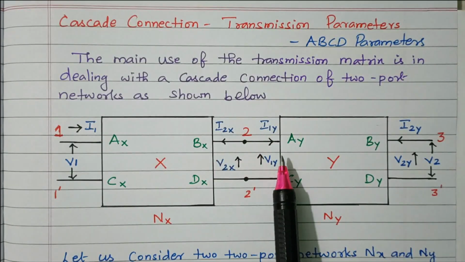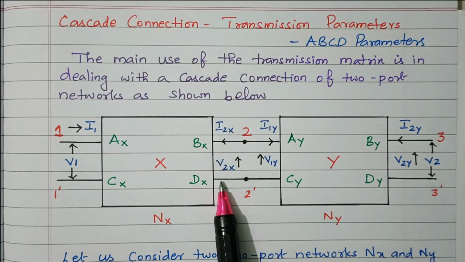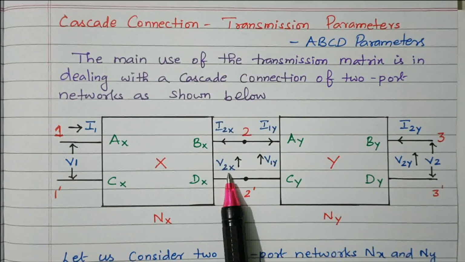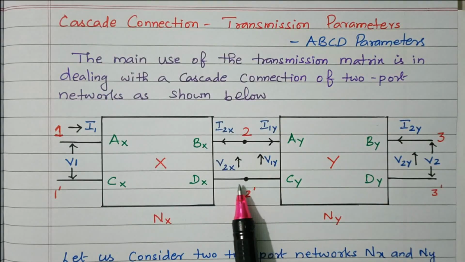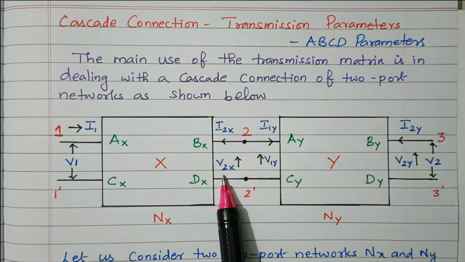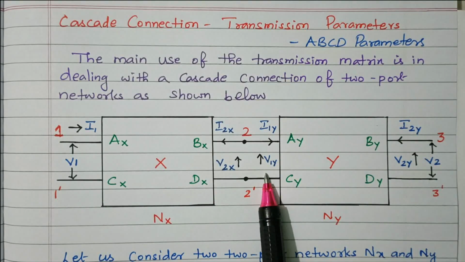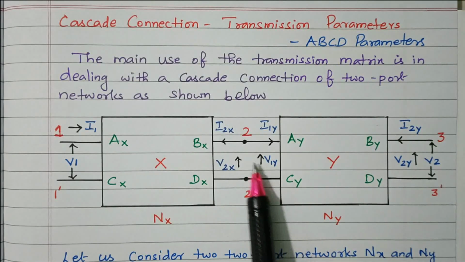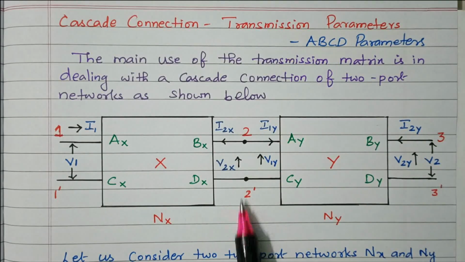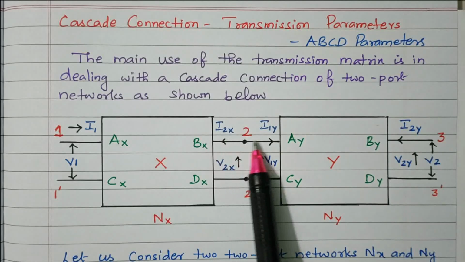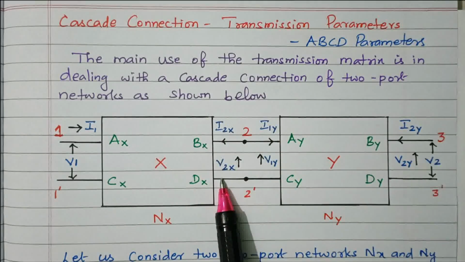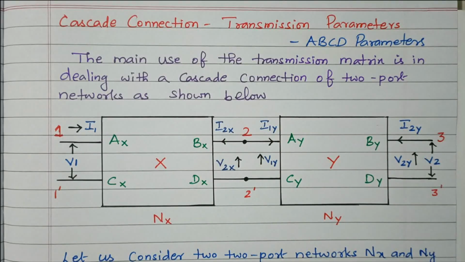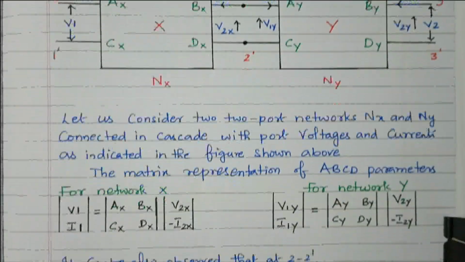See, the directions are both opposite. Similarly V2X equal to V1Y. The output voltage from the first network is equal to the input voltage of the second network. So these two we will use in the analysis: I2X equal to I1Y, V2X equal to V1Y. Now we will see the further detail.